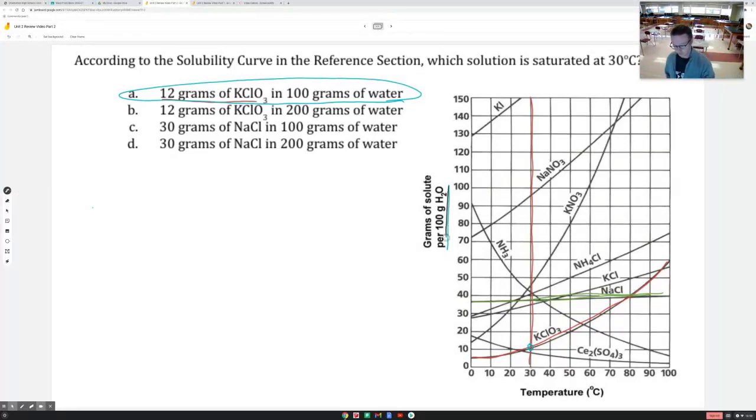Well, no, because in 200 grams of water you could double it and you'd be somewhere up here around 24. 30 grams of NaCl: NaCl, again, is that green line. The 30 is down here, so 30 grams at 30 degrees would be below the green line, so that's not saturated. And 30 grams in 200 grams of water would be even less saturated, because you could get twice as much in 200 grams of water. So just to carry that out.